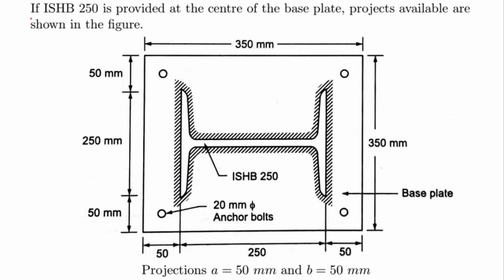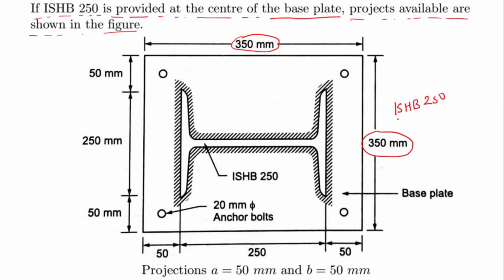Now if ISHB 250 is provided at the center of the base plate, projections available are shown in the figure. So this is the size of the base plate, 350 into 350, and our ISHB 250 is placed at the central portion of the base plate. So this will be the position over the base plate for the column section. Then 50 mm will be the projection on one side.